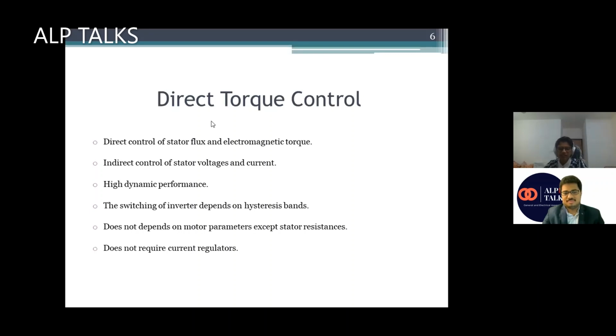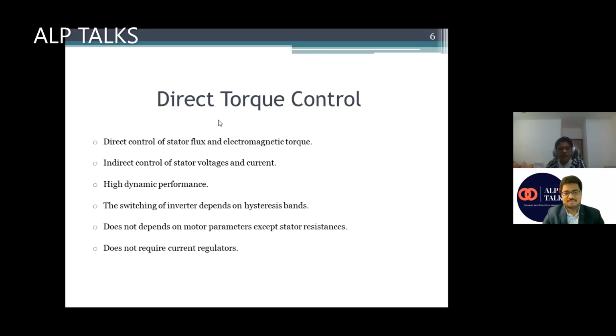It consists of two hysteresis controllers, a VSI and lookup tables, which we'll see further. It does not require any current regulators, it is very simple to implement, and it does not require any coordinate transformations.